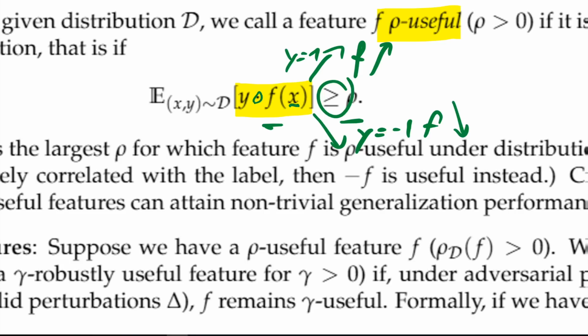Right, so if this is intuitive, right? If a feature is useful, it means it should say one thing in samples of class 1, and it should say another thing in samples of class 2. Then I can actually use the feature to make a decision when it's very correlated with the class. So that makes perfect sense.